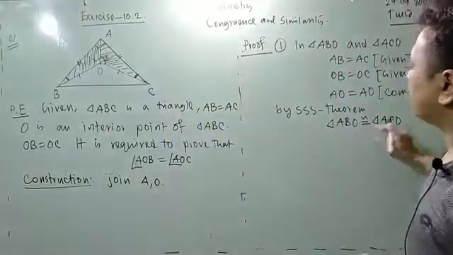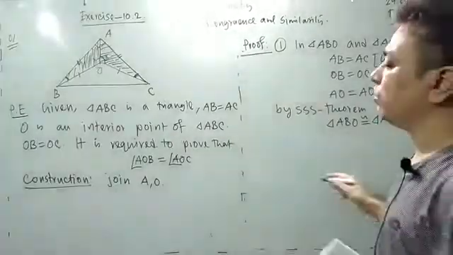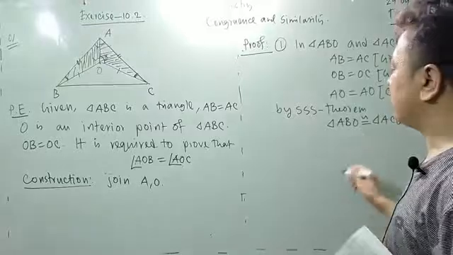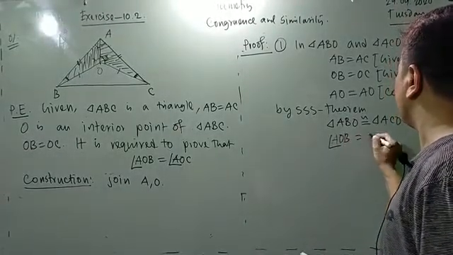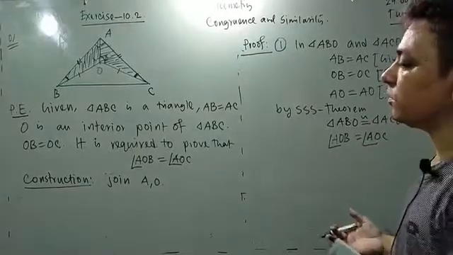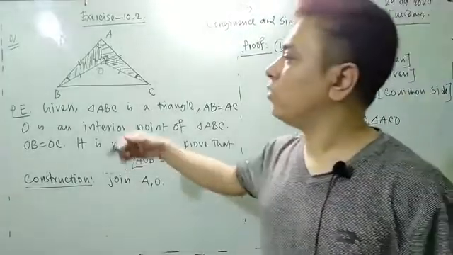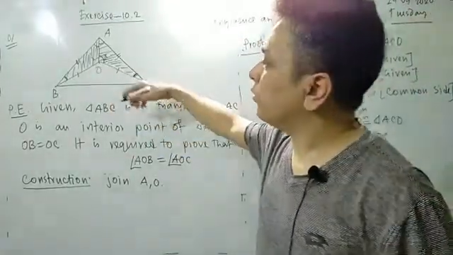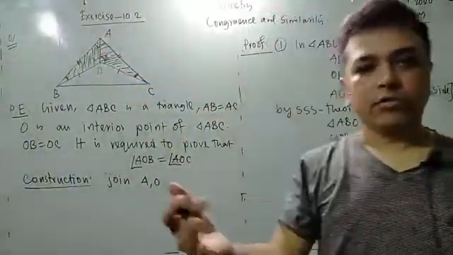You just write up to that step, and then prove the required angle equality, because both triangles are congruent, so their corresponding angles and sides must be equal. I can also ask you to prove that angle BAO equals angle CAO.